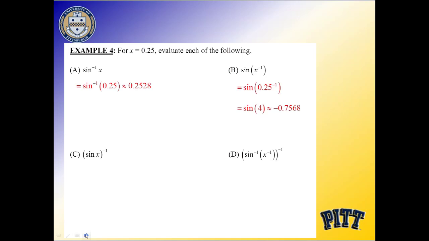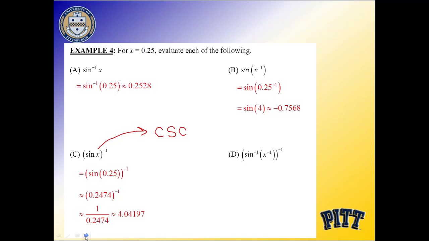A and B are two things that some students get confused with each other. They think they're the same thing. They're not. Or even worse, C, the sine of x raised to the -1 power, which means I would take the sine of x and then reciprocate it. This is basically cosecant. I'm doing the cosecant of x here. That's how you would put cosecant in if you don't have a cosecant key.